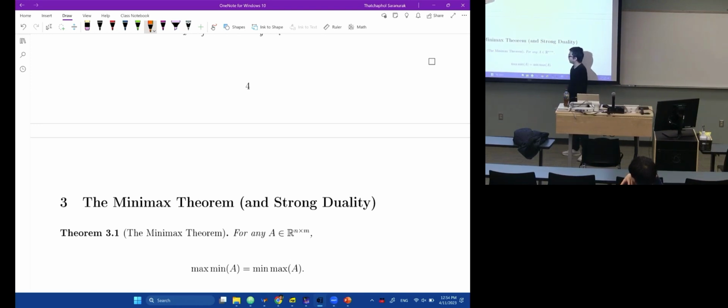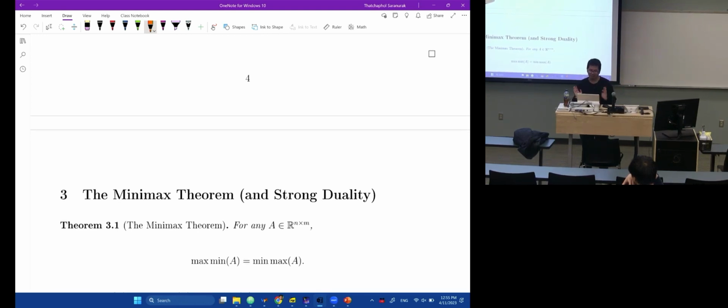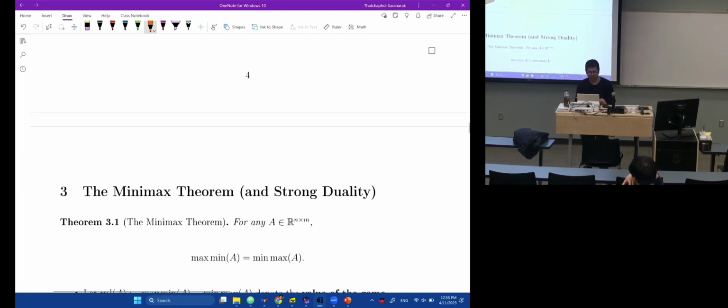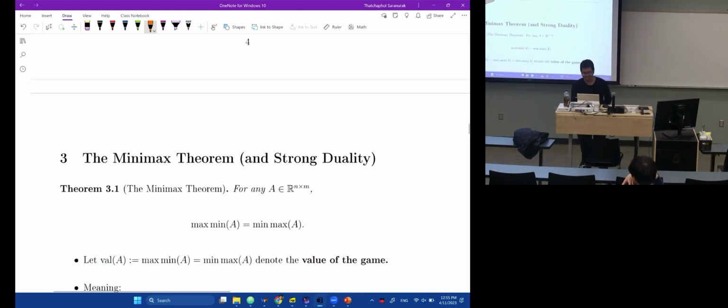For any A, max min of A is the same as min max of A. This is a theorem that was proved almost 100 years ago by John von Neumann. Maybe the best genius in the history of humans. So you can look up his story, but yeah.